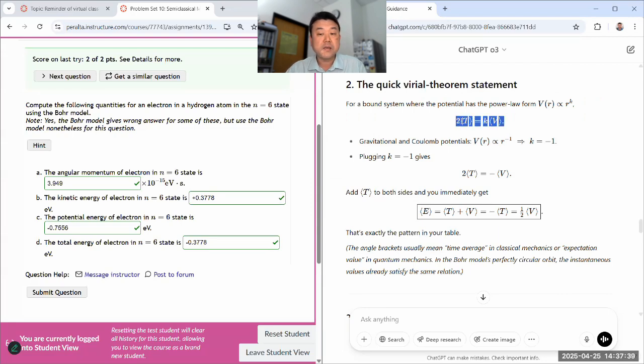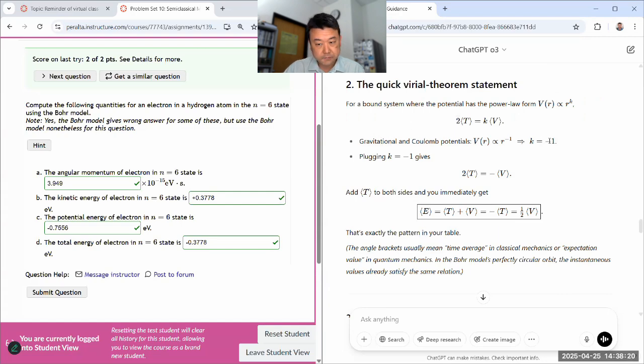I think in the special case of a circular orbit you could do it with a general power law form. But the virial theorem applies more broadly than the special case of a circular orbit. If you have an elliptical orbit or an orbit that doesn't have a closed form, as long as you look at the average kinetic energy and average potential energy, this relationship still holds. That's what's proven in analytical mechanics or upper division quantum mechanics.